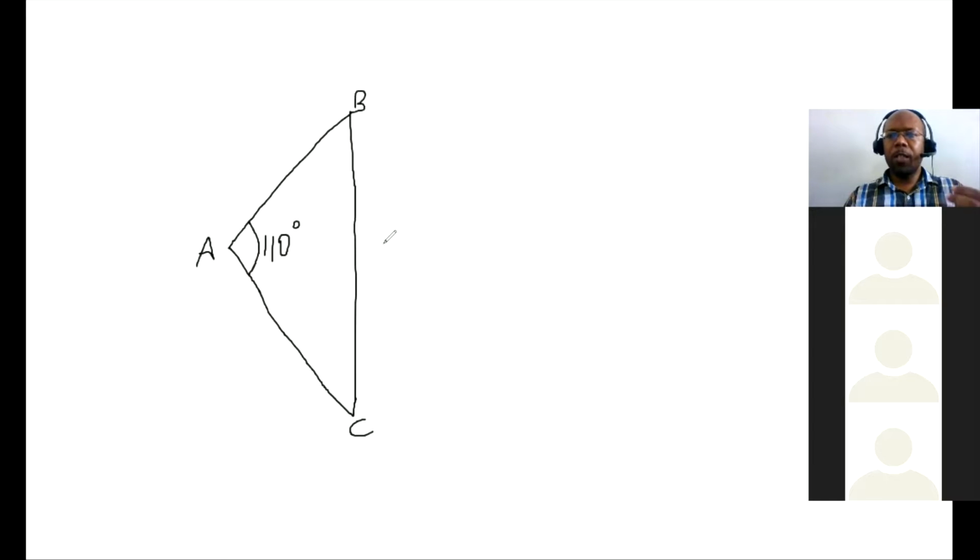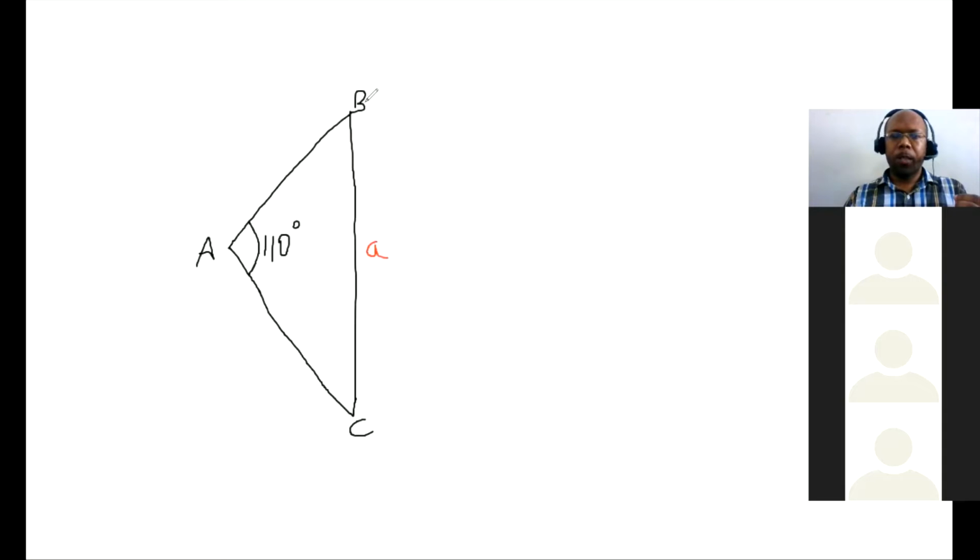It can be given a name, but the name will always be related to the angle that's across from it. So what angle is across from this side BC? It's opposite. The angle here is A, so therefore my side will be A.